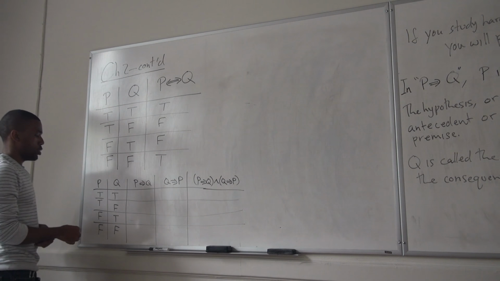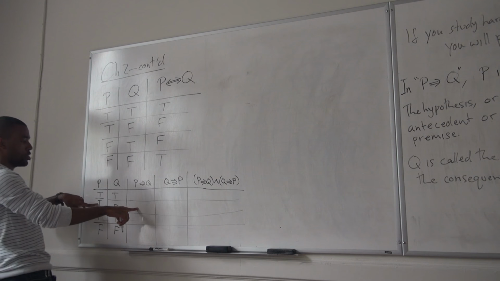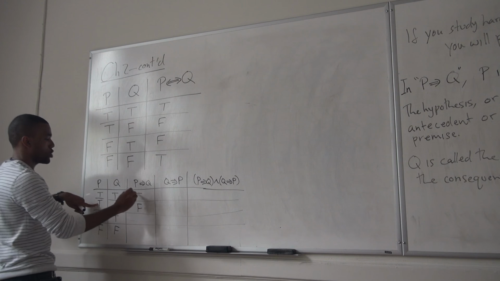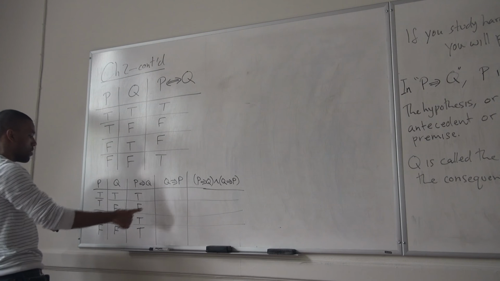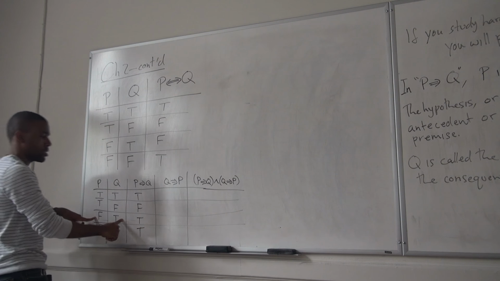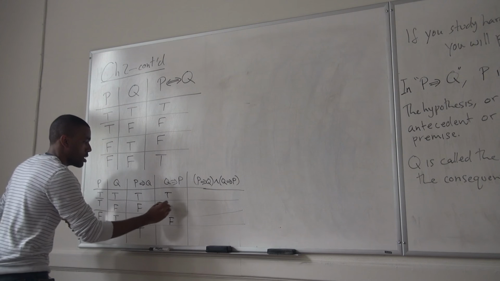So we looked at P implies Q. We know the only time it's false is when P is true and Q is false, and it's true in every other case. Q implies P. It's only false if Q is true and P is false, and it's true in every other case.